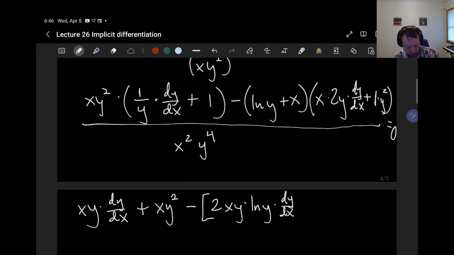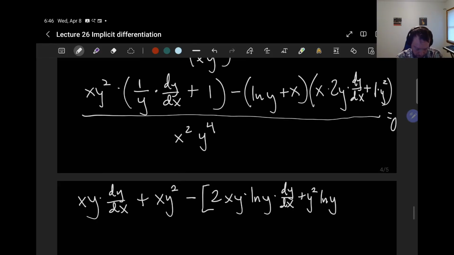Next is outer. Well, I've got a y squared and ln of y. So plus y squared ln y. Okay, then inner be this x here times this thing.